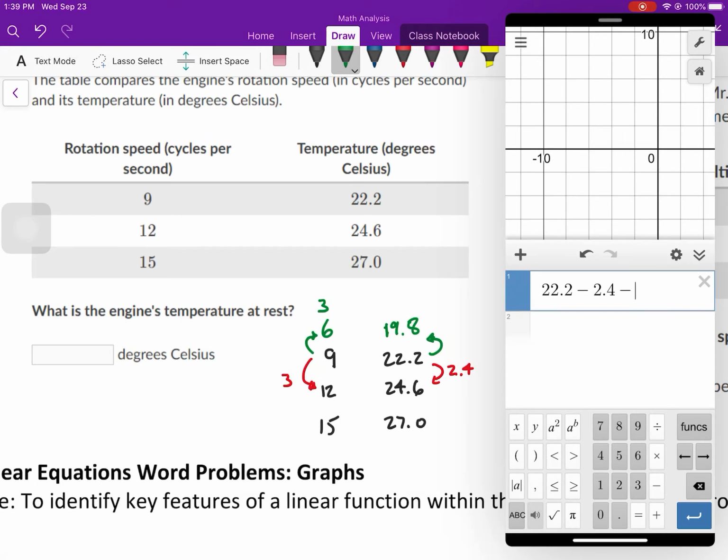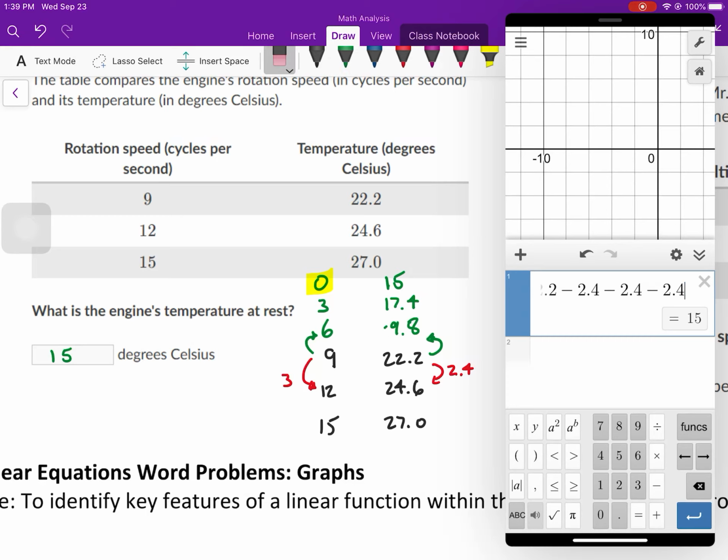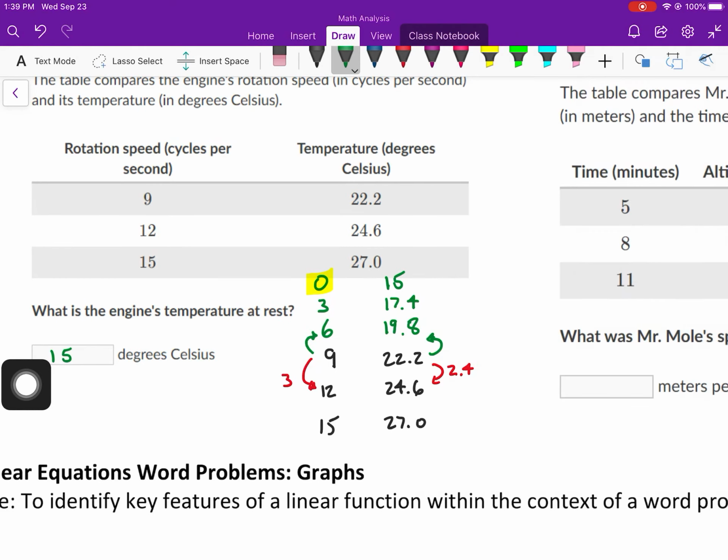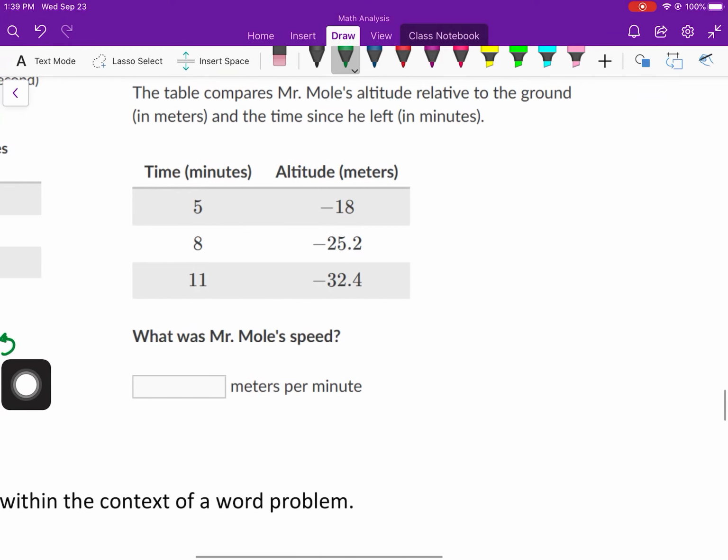That would be 3 minus 2.4 is 17.4. And then minus 3 again gets us back to that rest, because now it's at 0, which is 15. So 15 degrees Celsius would tell you the temperature whenever we're at rest, whenever we have 0 rotations.